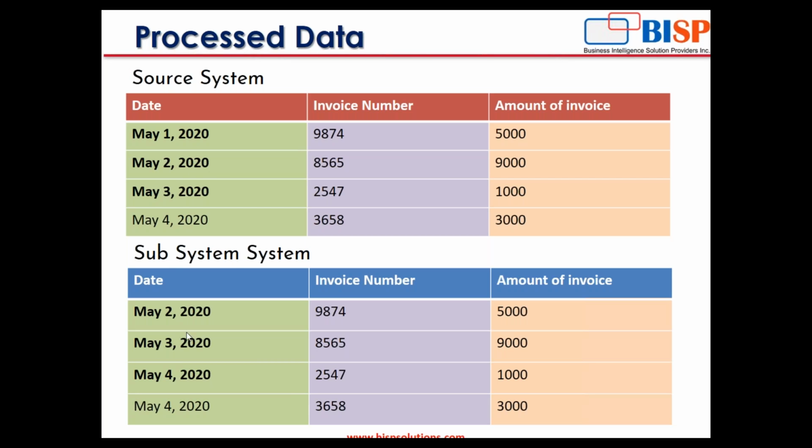So May 1 matches to May 2 because it is within the tolerance limit, and the invoice number and the amount are matching. May 2 matches to May 3, my invoice number and amount are matching and the tolerance limit is satisfied. Again, May 3 matches to May 4, within the tolerance limit, and invoice number and amount match exactly.